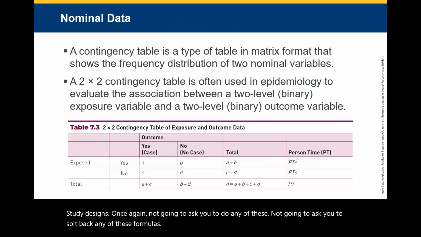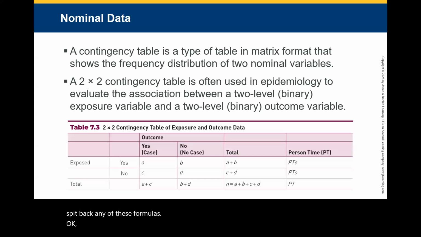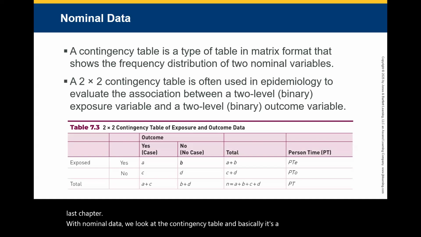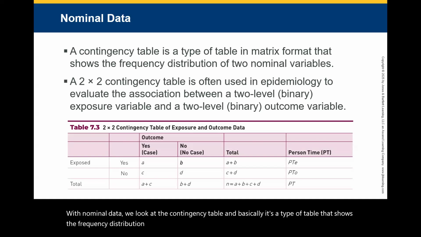We talked a little bit about the different types of data in the last chapter. With nominal data, we look at the contingency table, a type of table that shows the frequency distribution of two nominal variables.